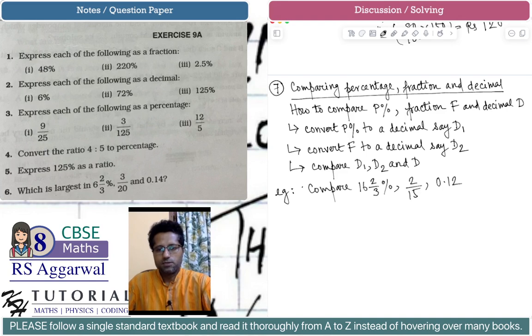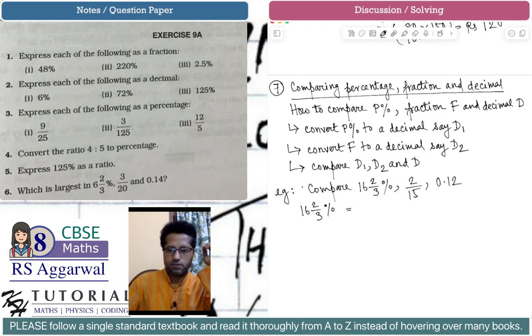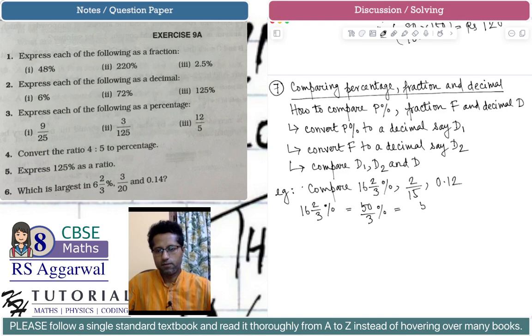So 16 and 2 by 3 percentage. The value of the percentage is in mixed fraction. So always convert a mixed fraction to an improper fraction, and it becomes 50 by 3 percentage. Now 50 by 3 percentage is nothing but 50 by 3 whole divided by 100 as a fraction.